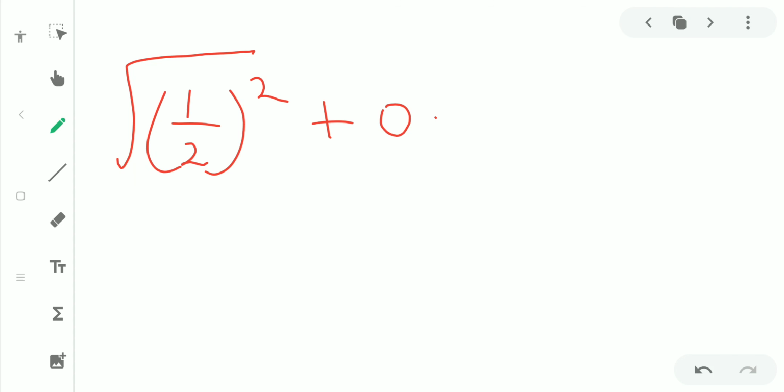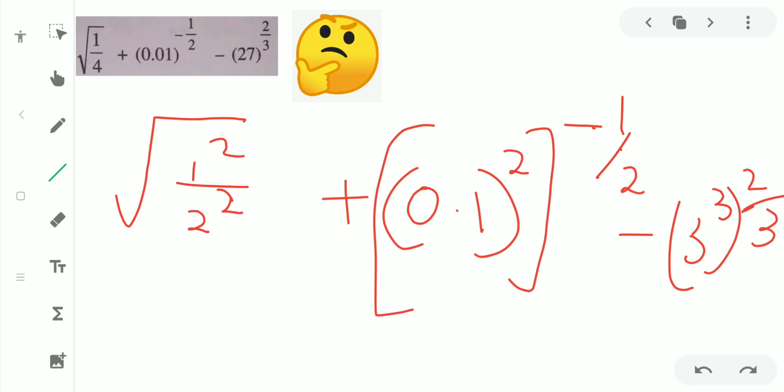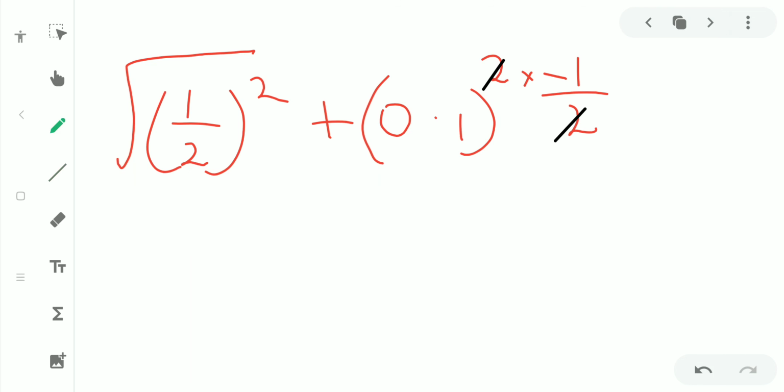I will apply the formula a power m into a power n is equal to a power m into n. A power m whole power n is equal to a power mn, or m multiplied with n. So 2 power minus 1 by 2, you will have 2 and 2 gets cancelled, minus 3 cube.